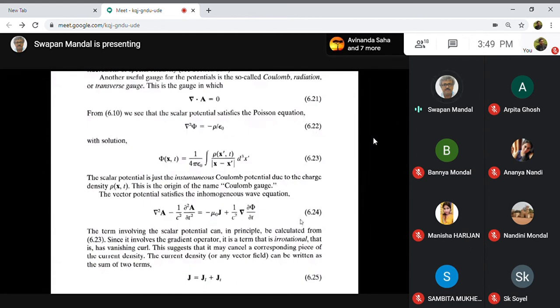This is valid for any vector, so in case of a three-dimensional vector also, any vector can be decomposed. One is along the longitudinal direction, along the line perpendicular to a surface.